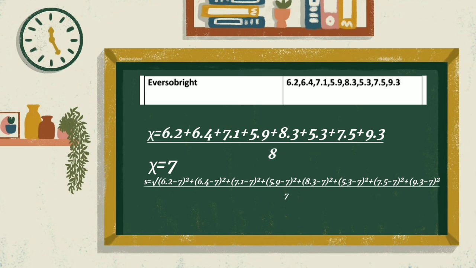Since this is a sample, so bawasan natin ng 1. 8 minus 1, kaya naging 7. So, after that, gamit tayo ng calculator. So, the result is 12.34. So, square root of 12.34 divided by 7, so that is 1.33 hours. So, sa unang company natin na Ever So Bright, our standard deviation is 1.33 hours.